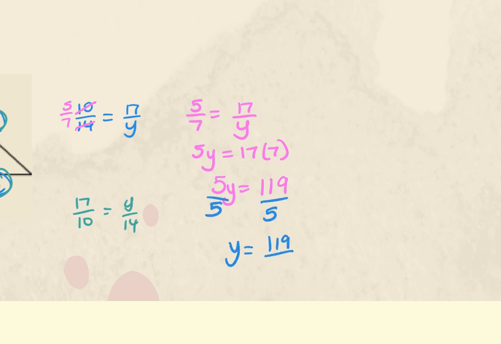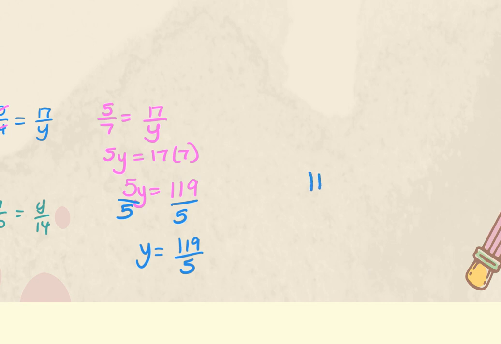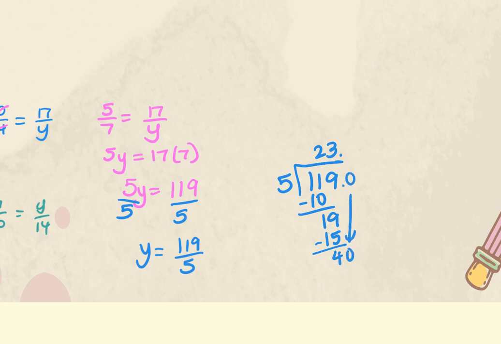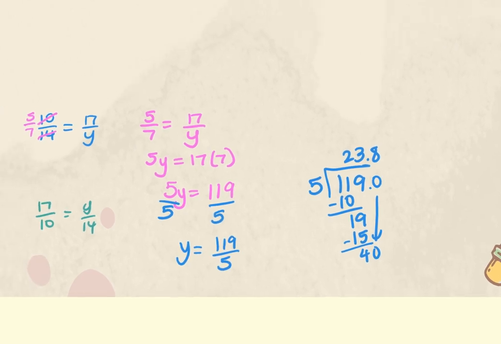It doesn't go in evenly, and it can't be reduced, so you can either leave it as 119 over 5, or you can divide. 5 would go into 11 twice. 5 would go into 19 3 times. Add the decimal, and 5 would go into 40 8 times. So this would also be 23.8.